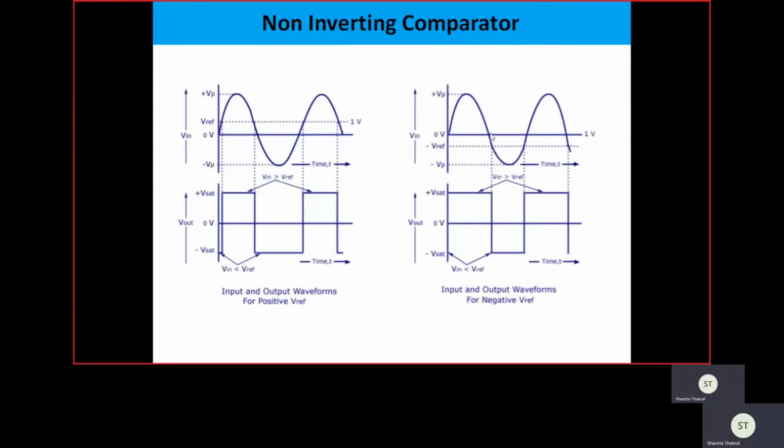If the input is greater than V reference, in that case the output generated will be plus V saturation. Then from this point to this point, the input is less than V reference. In that case, the output generated will be minus V saturation. Then again, when the input exceeds V reference, the output will again be plus V saturation.